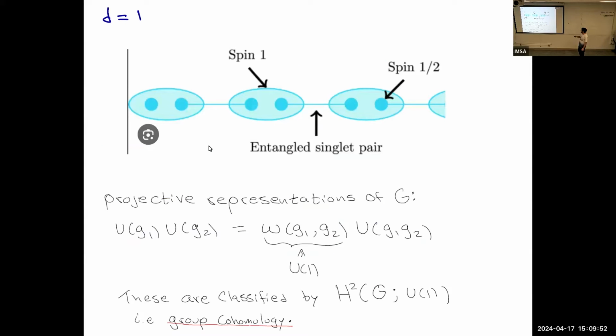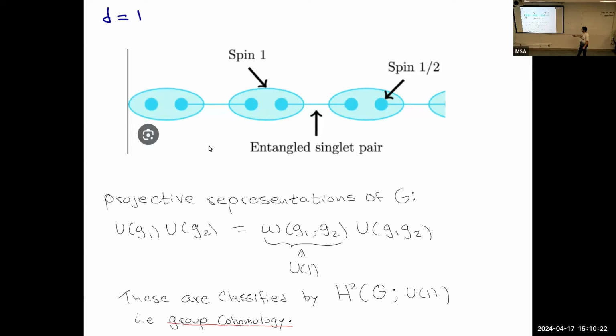So this is supposed to be an example. In one dimension, this is a spin chain, and this is a spin one at each point on your lattice. However, your ground state can be rearranged and decomposed into these entangled singlet pairs. The point is that there's this dangling mode at the edge of your system.